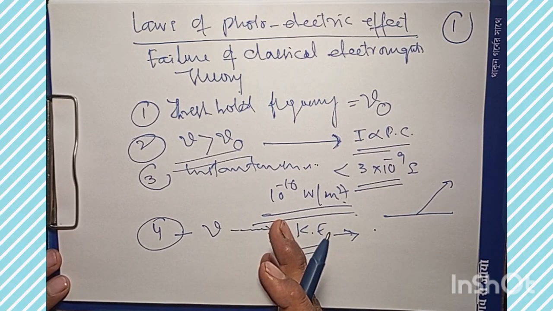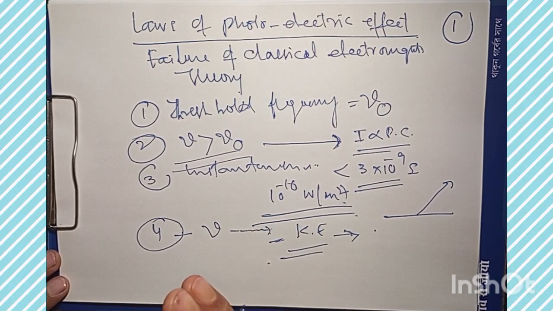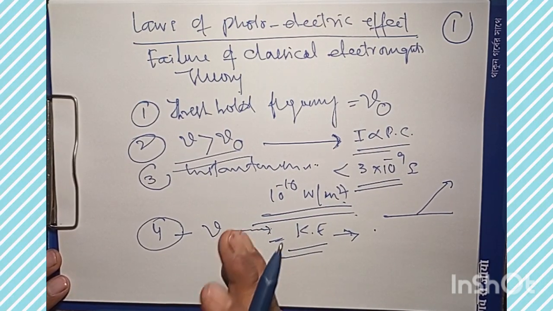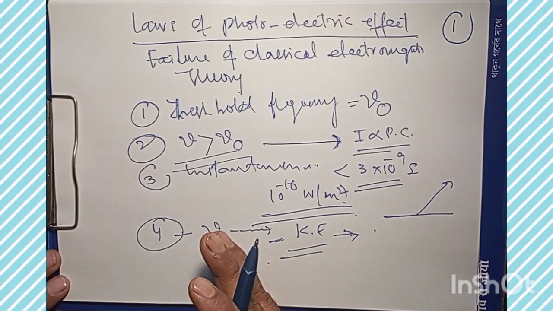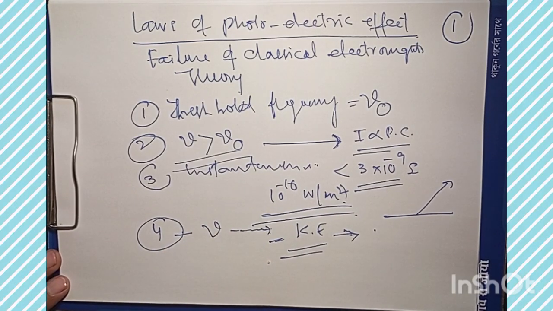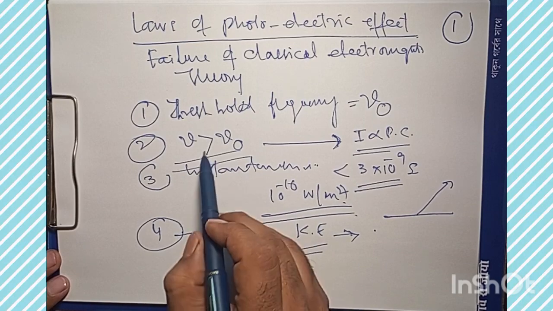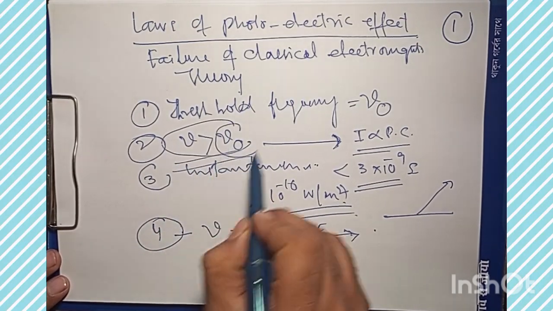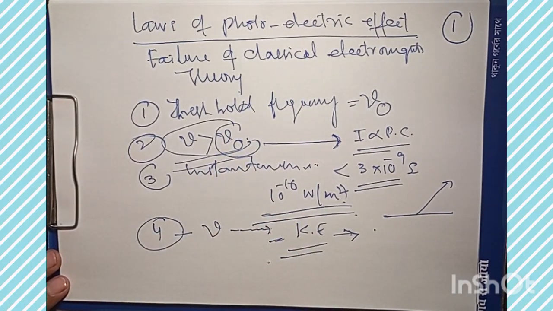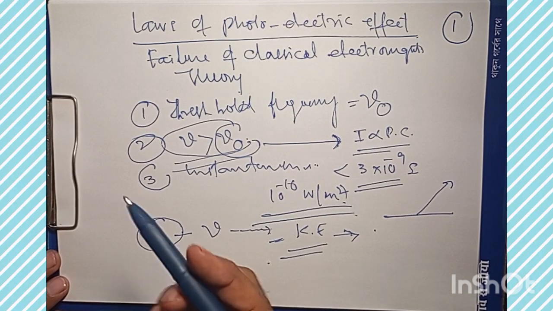What is important here is that the light incident on this photosensitive metal has a frequency greater than the threshold frequency. That's the necessary condition.